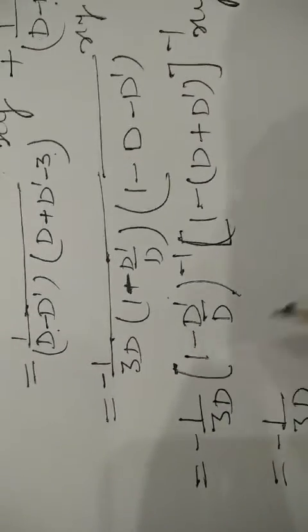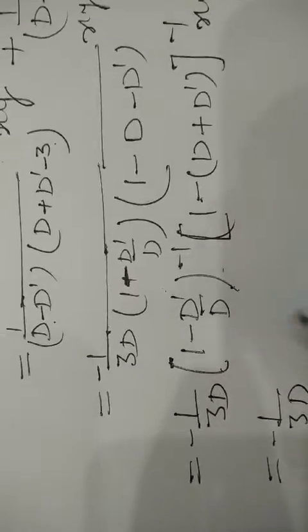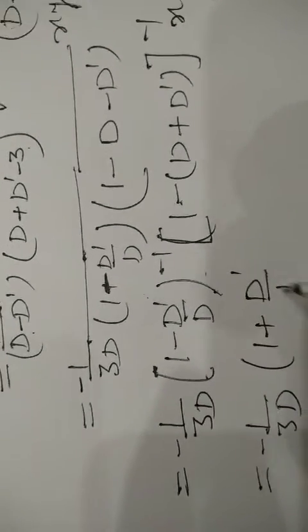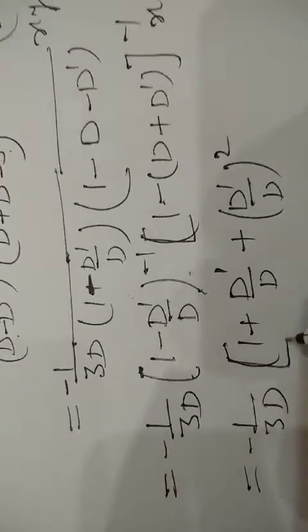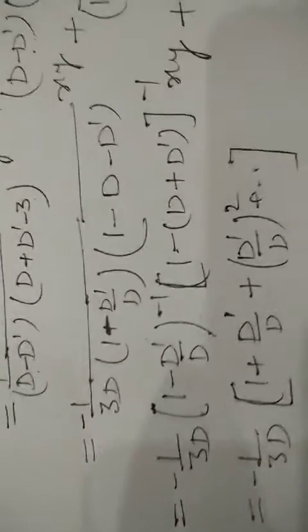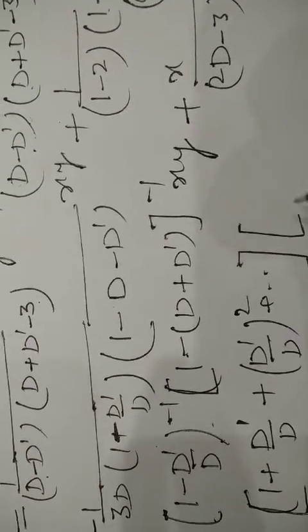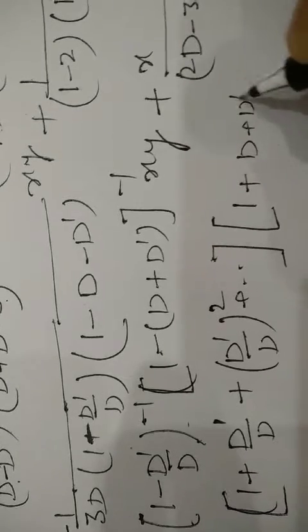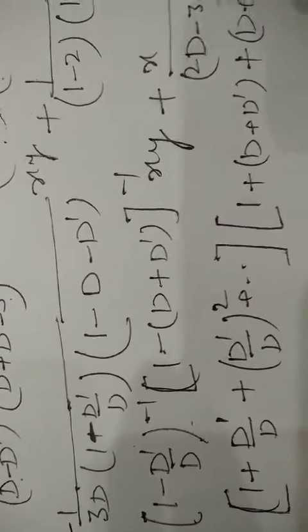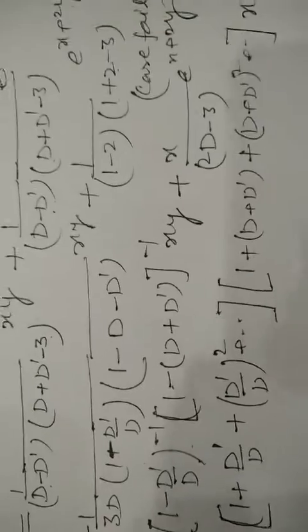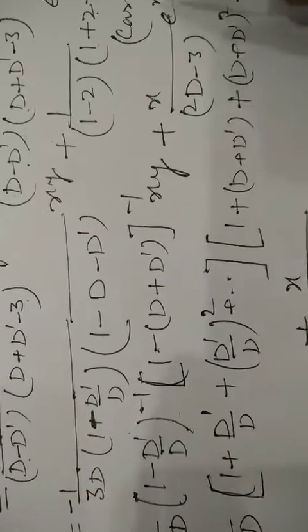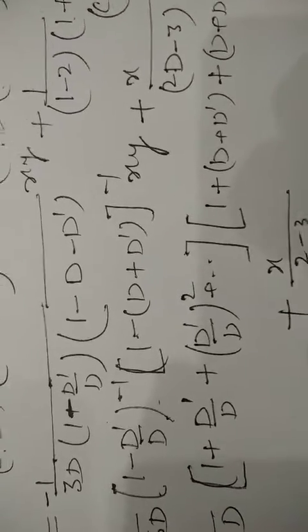So now 3D, and as we know that this is its multiplication, its expansion is 1 minus x to the power 1 plus and so on, and as it is, its expansion is 1 plus D dash plus D dash whole square into xy plus, as it is, x upon, by putting D replaced by a, so 2 minus 3 2y.